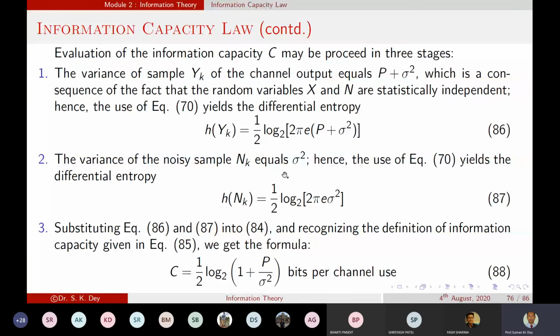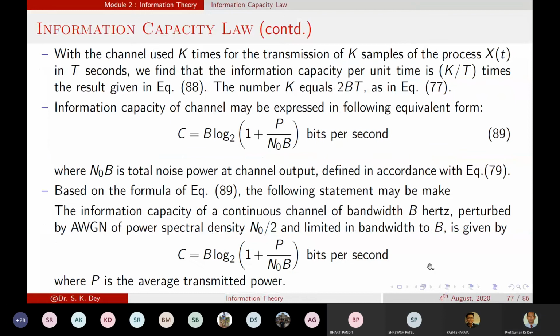Our motive now is to find the mutual information, or channel capacity. So C equals 1 by 2 log base 2 of (1 plus P by sigma square). It comes from subtracting H(Yk) minus H(Nk), so we get that expression.